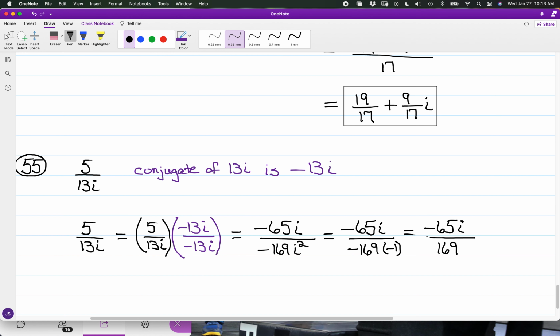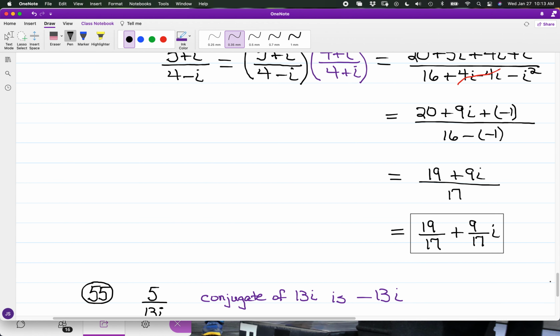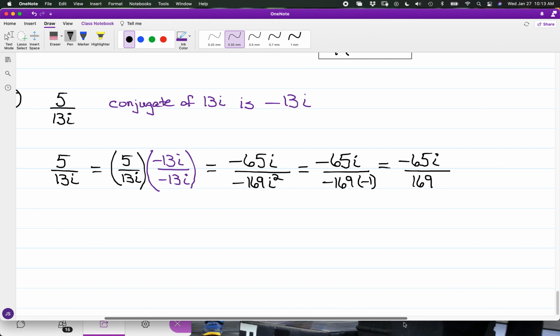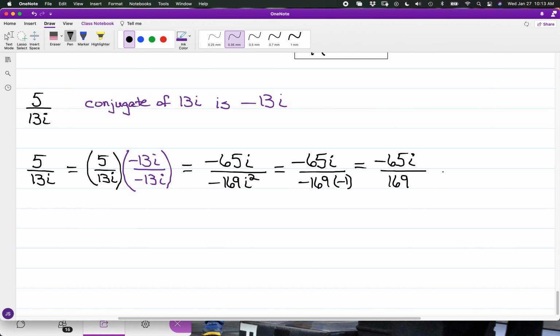Okay, now this ratio can be simplified because the greatest common factor is going to turn out to be the coefficient that was in the original denominator, which was 13. So if I factor 13 from both, negative 65i is 13 times negative 5i, and 169 becomes 13 times 13.